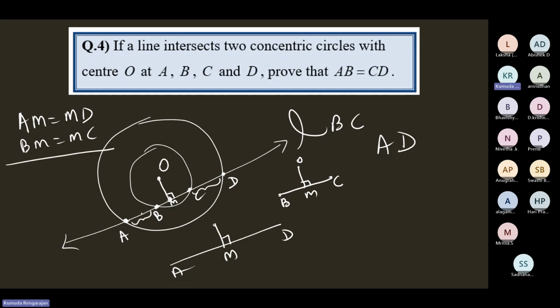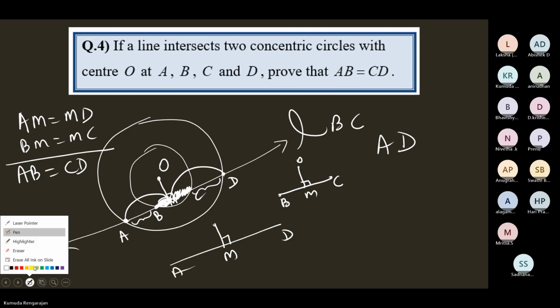AM minus BM is AB, is equal to MD minus MC, which is CD. So we proved that AB is equal to CD.